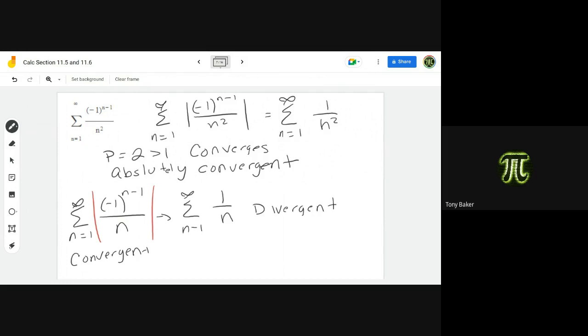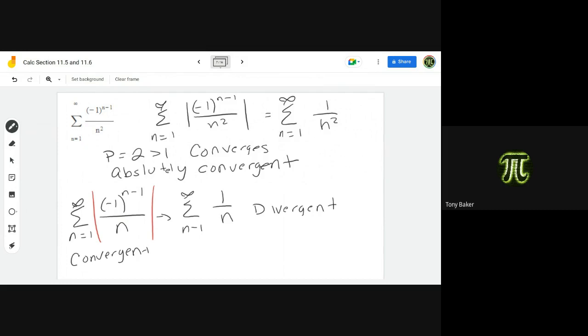So again, it goes back to the whole thing. Most of these rules tell me what happens when it's convergent. They don't always tell me what happens when it's divergent. So if it converges, I know it's absolutely convergent and every possible option works. If it's divergent, it doesn't tell me it's absolutely divergent.